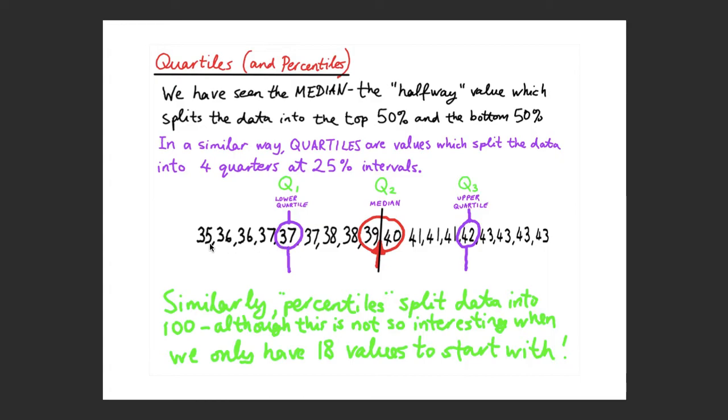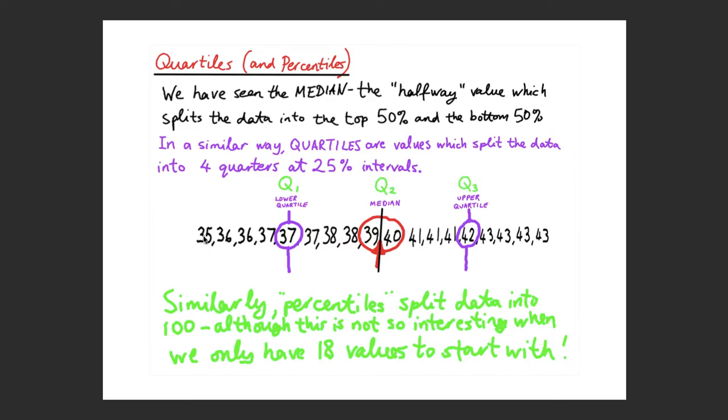Then I took the bottom half and found the middle of that, which was shoe size 37. And then I took the top half and found the middle of that, which was shoe size 42. So I've got three values here, 37, 39.5, and 42, that split the data up into 4 neat quarters.